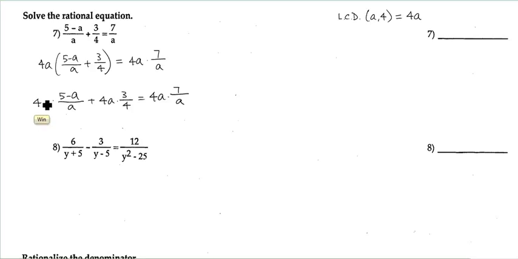So we have the A cancel out, and then in the second term, the 4 cancels out, and on the right-hand side, the A cancels out. So what would that become? I have 4 times 5, that becomes 20, minus A, plus A times 3, 3A, equals 4 times 7, 28.